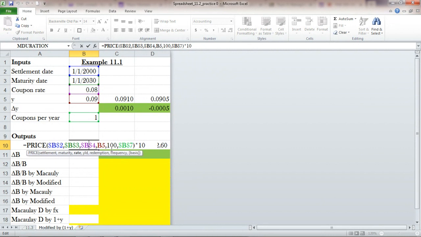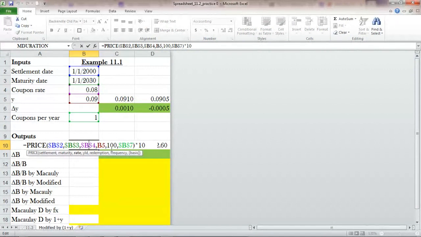Is there ever an instance where the redemption wouldn't be 100? No. Redemption value is always 1,000. Redemption is the face value of the bond, which is 1,000.